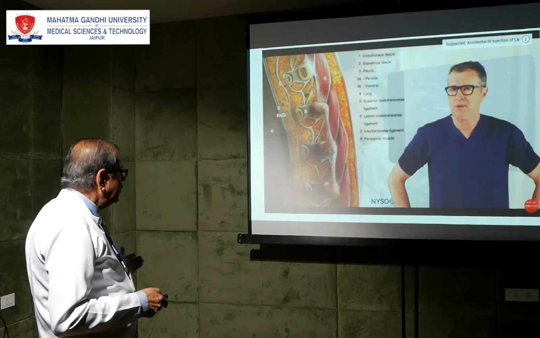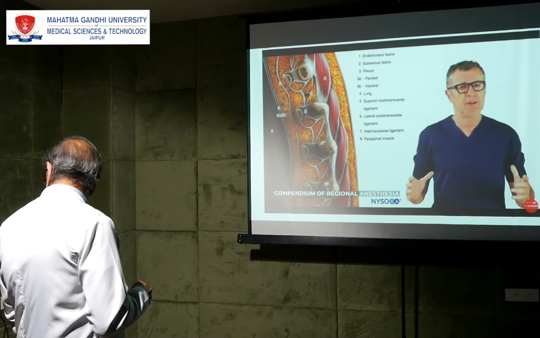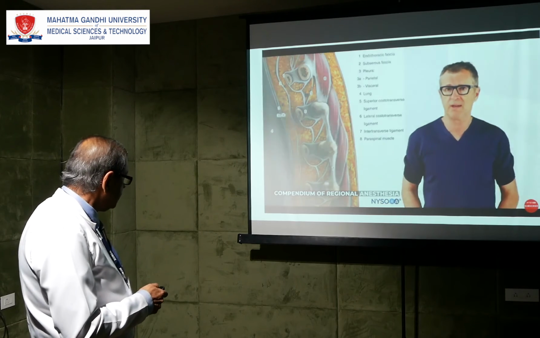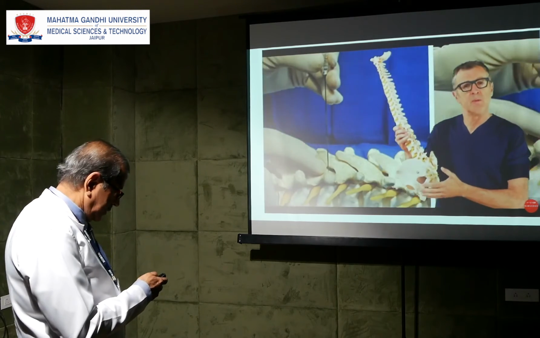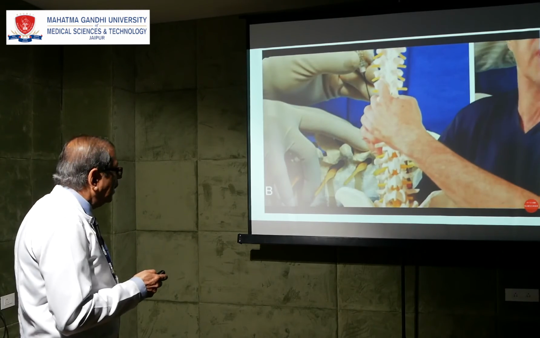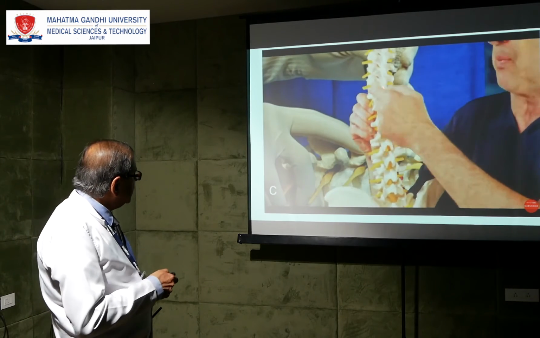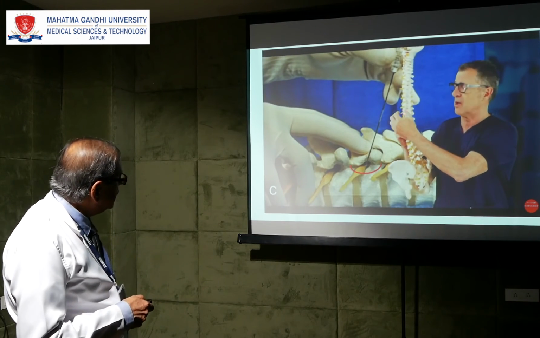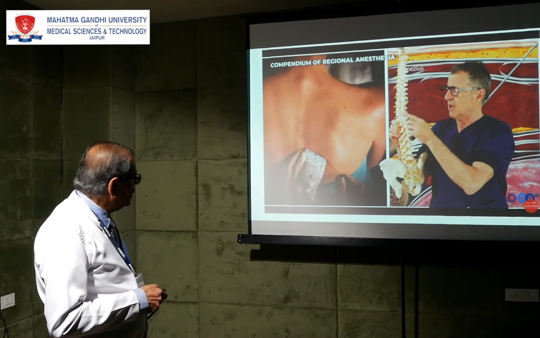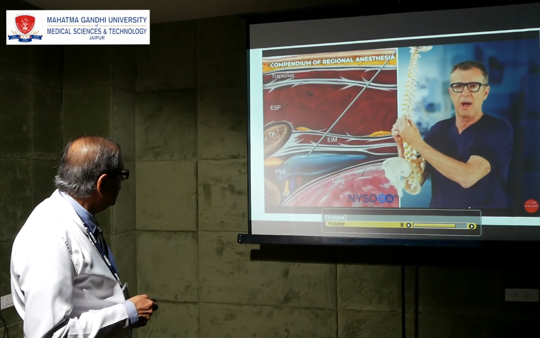Can you raise the sound, please? Okay. So, here the person is trying to tell you that these are the spinous processes and these are the emerging nerves from the intervertebral foramina.